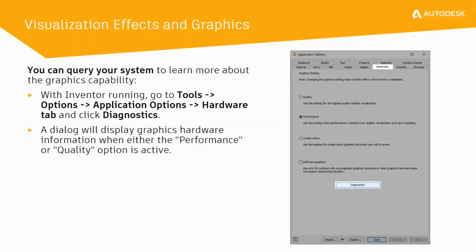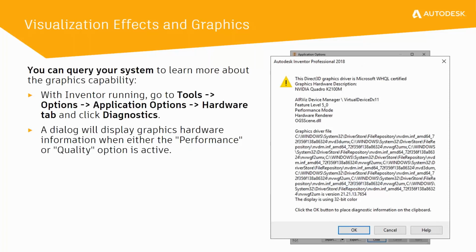Now, like I said, from the Application Options Hardware tab, you can run a Diagnostics Check as well on your system. And by clicking on that, that'll bring up a report that shows what your graphics driver is, what the file is associated with the graphics driver, what mode you're running in, all of the information that can potentially help you understand any challenges that you might be having in this area.